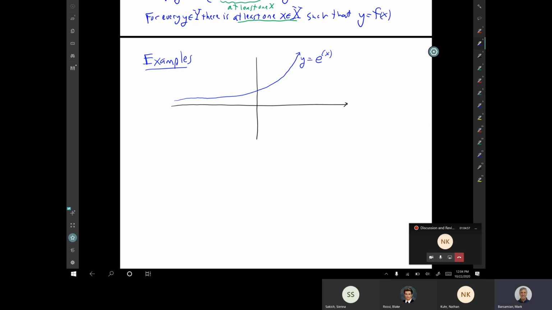Let's call this f of x equals e to the x. Now I use this notation in the videos. I don't think it's introduced properly in the book. But are you all comfortable with this notation?